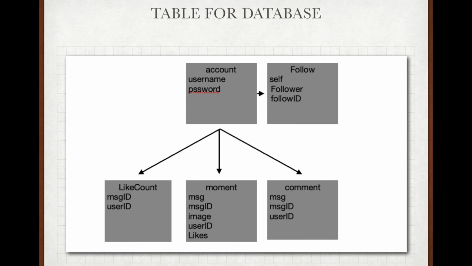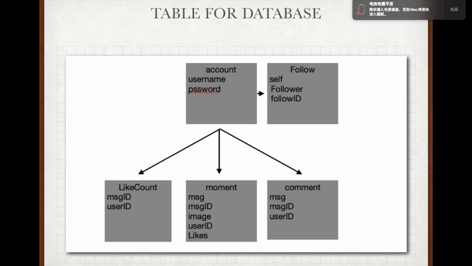But if this person didn't post anything, we're going to direct this image to an image that we set as default. So whenever the user sees a default image, they will know that this moment doesn't have an image in it. And likes will be how many people have liked this moment, and it will be set to 0 initially.